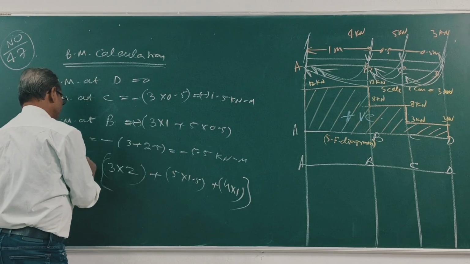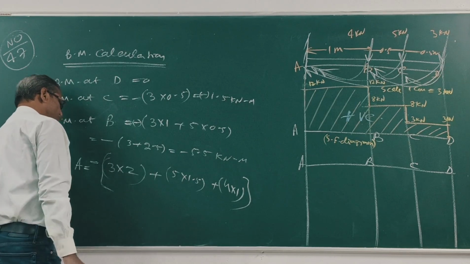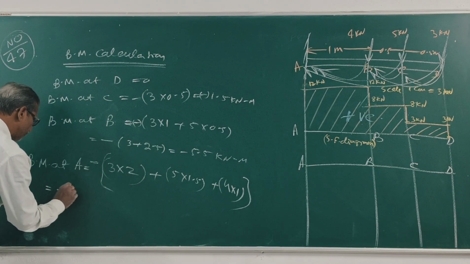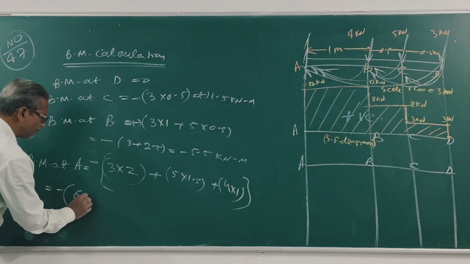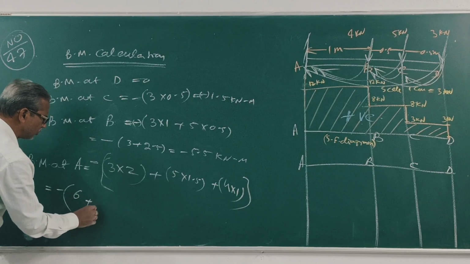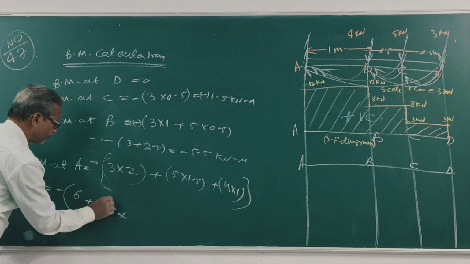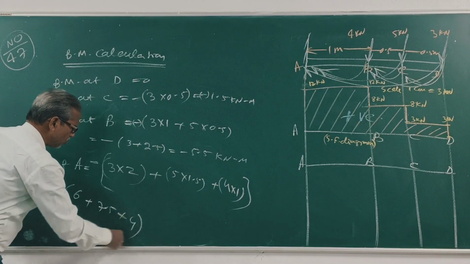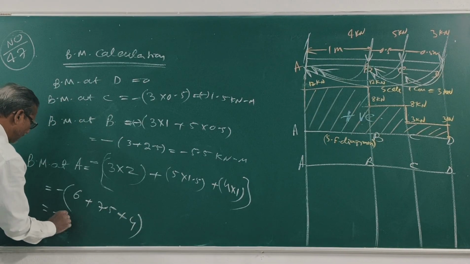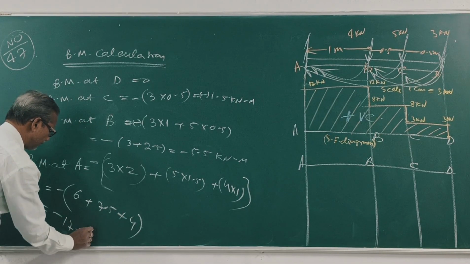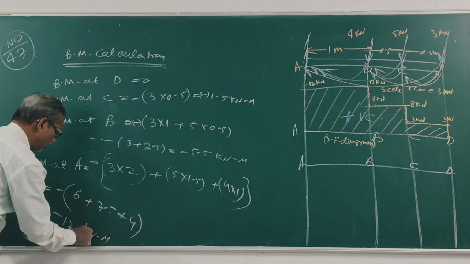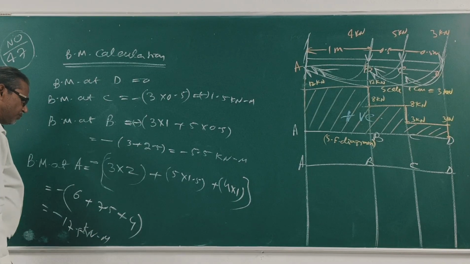So this is minus 6 minus 7.5 minus 4, giving minus 17.5 kilonewton meter, right?